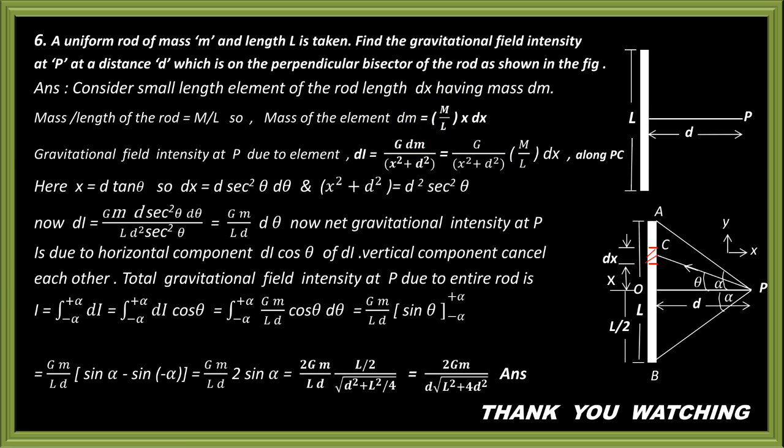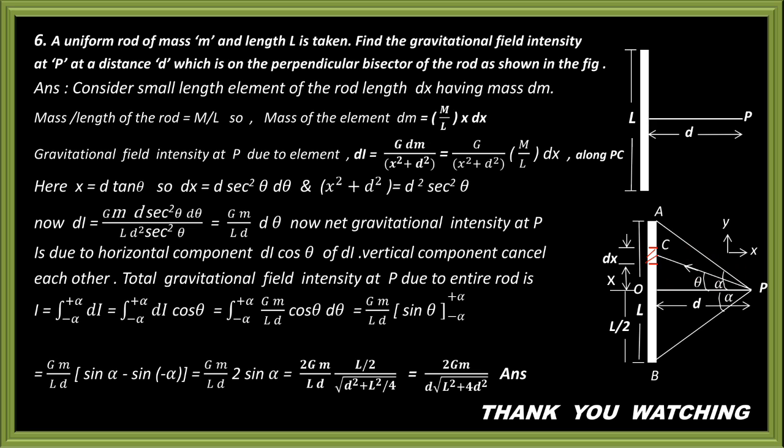Now the gravitational field intensity at P due to the element can be written as dI equal to G dm by x square plus d square, and after replacing dm we get G by x square plus d square into m by L dx, which is along P to C.